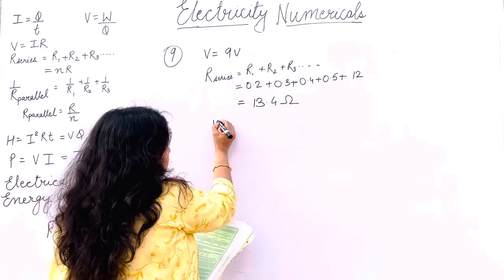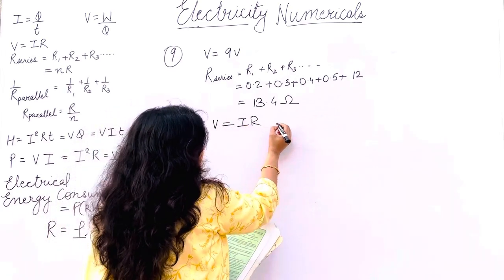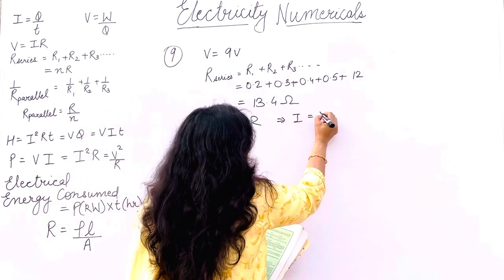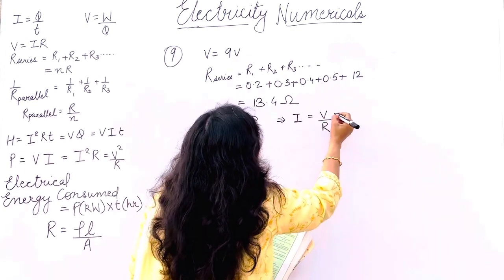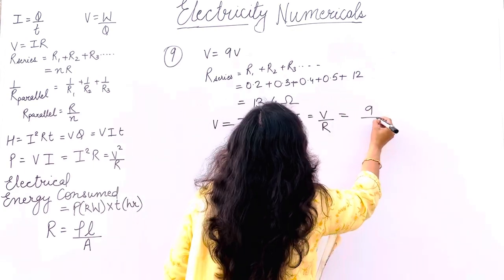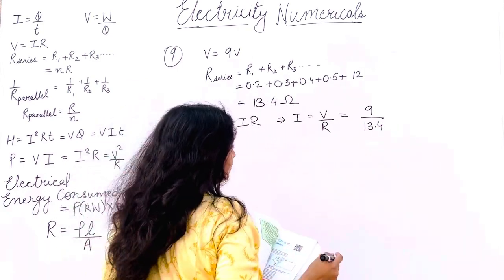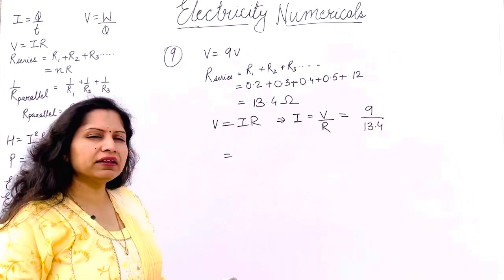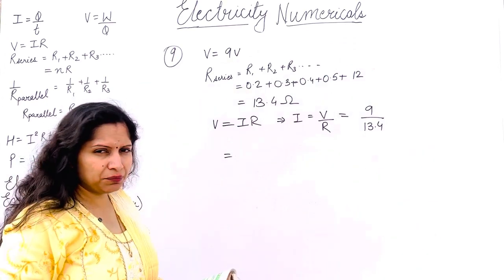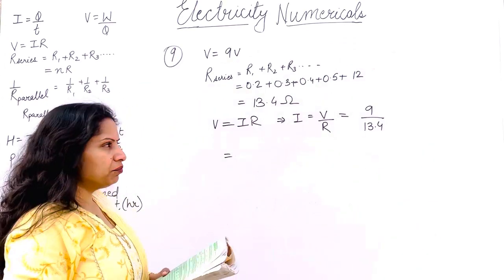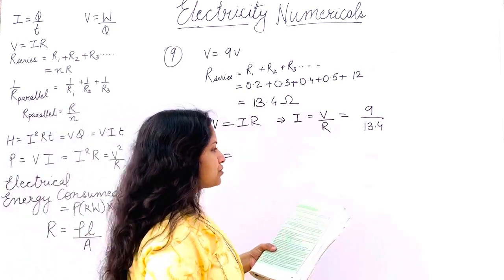So by using Ohm's law, we know that V is equal to IR. This implies that I is equal to V upon R, and V is 9 divided by 13.4. Instead of dividing by 13.4, we'll just roughly divide it by 13. That would make our calculations easier.